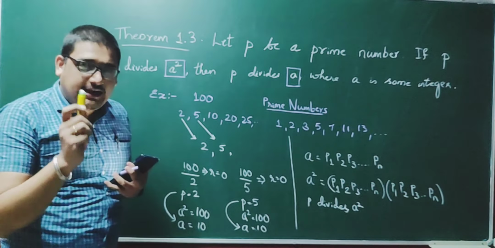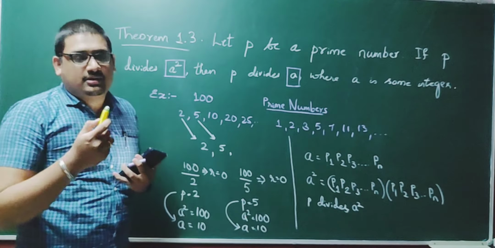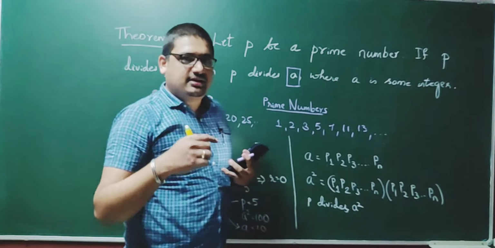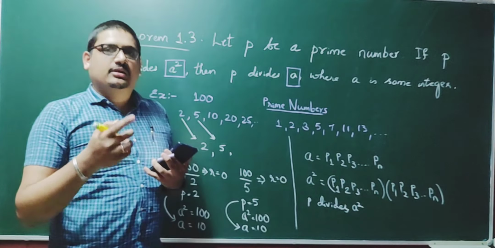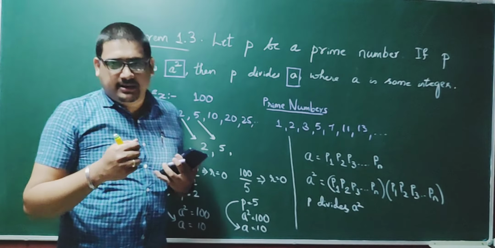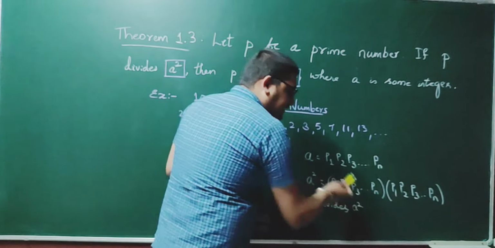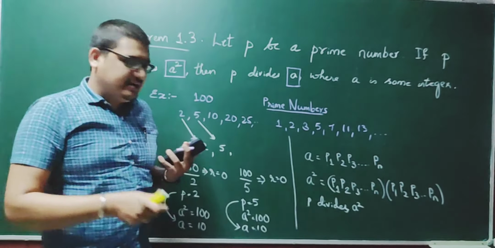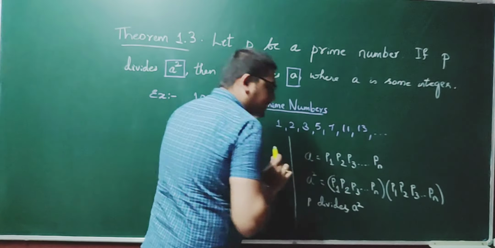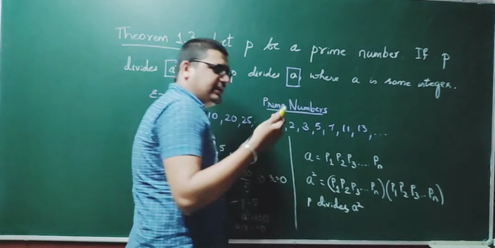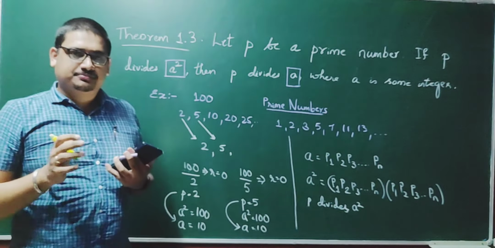Think on this. This is very important. This is called deduction. P divides A square, and any number which divides another number should be a factor of the given number. So if P divides A square, P is present in the expression of A square. So P must be present somewhere here. If P is present here, then obviously when I take the square root, it will be present.